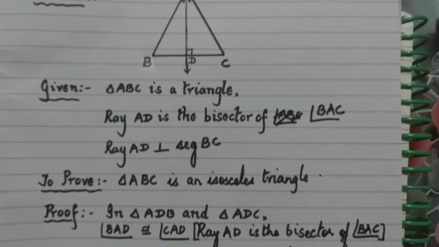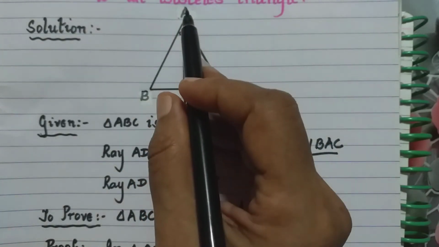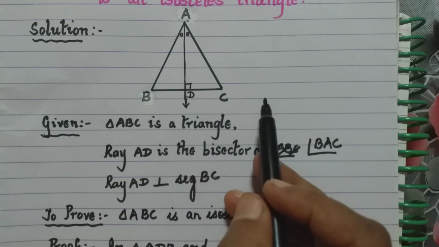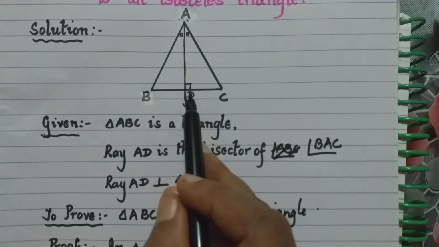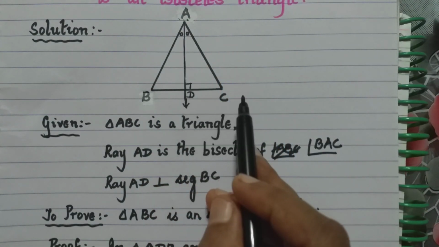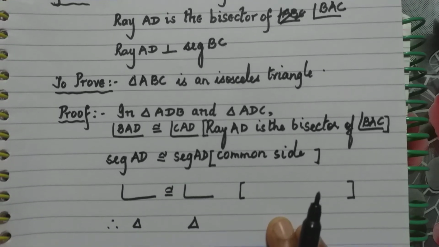So we have one pair of angles, we have one pair of sides, we have one more pair of angles. Which is that? You see here, this ray AD was perpendicular to segment BC. Therefore, angle ADB is congruent to angle ADC.